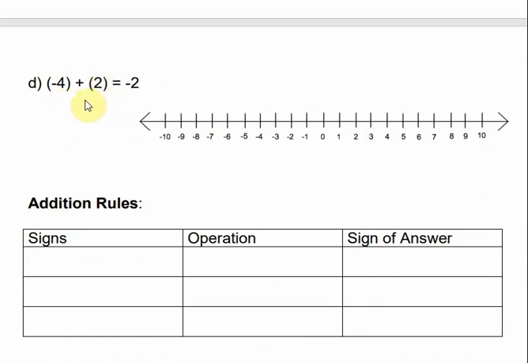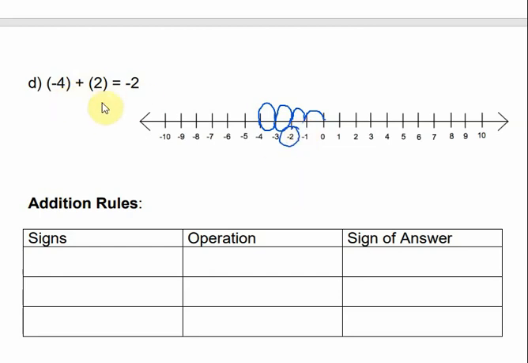Are the signs the same or different? They're different. Let's look at it visually first. We start at 0, negative 4, so we go to the left 1, 2, 3, 4 spaces. And then positive 2, so that means we're going to go back to the right 1, 2 spaces. And this is my answer.